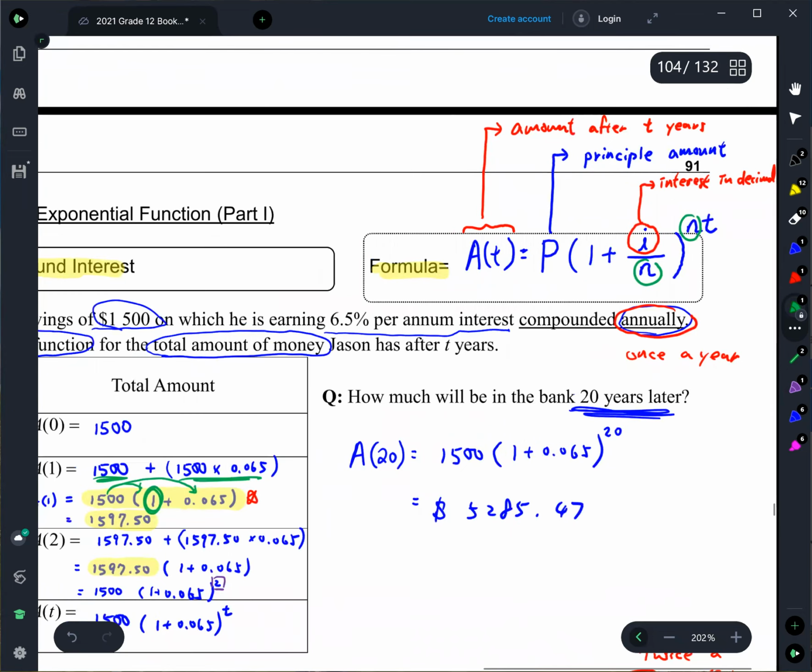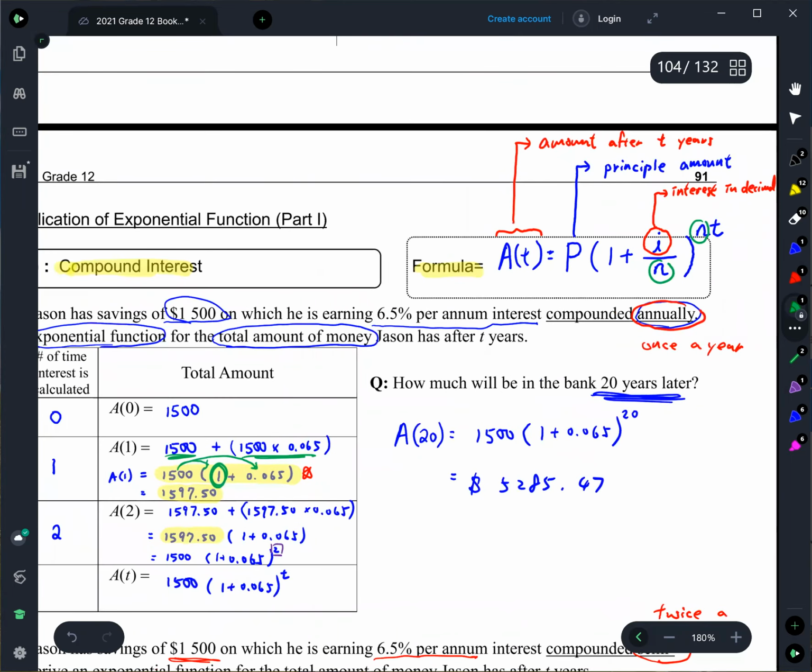Okay, and then the N is, very tight space, I'm going to write it on the top here. N is the number of compounding period per year.